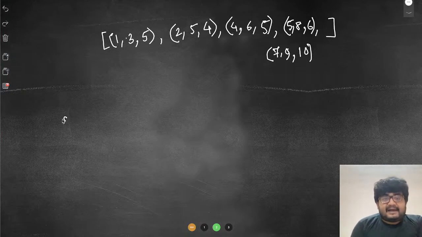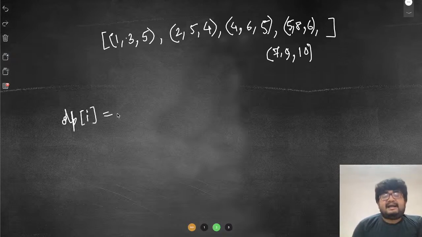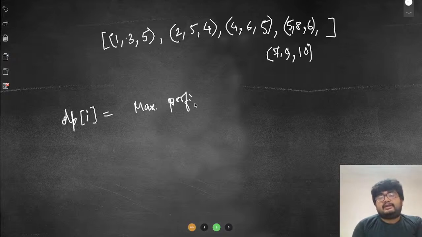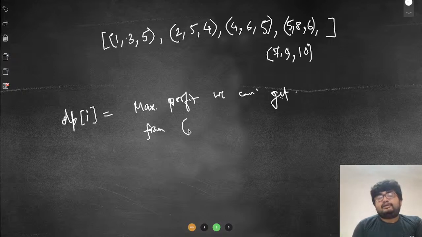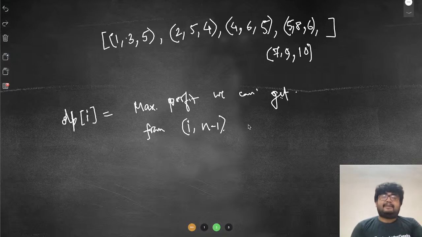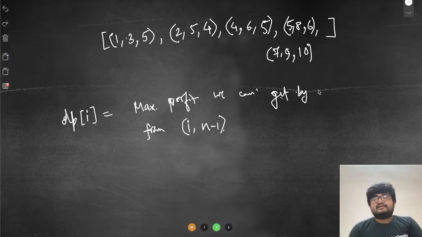Now let's say dp of I. What is dp of I? dp of I is the max profit we can get from I to n minus 1, that is from index I to n minus 1, what is the maximum profit we can get by choosing intervals, right?